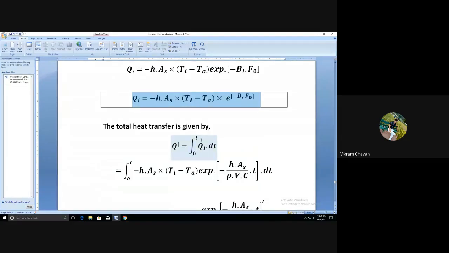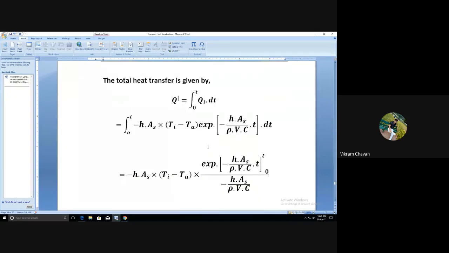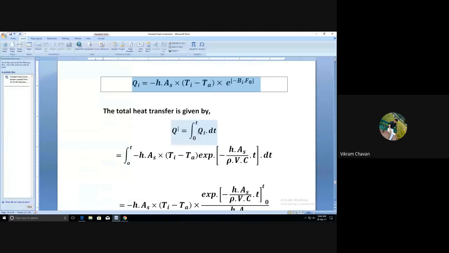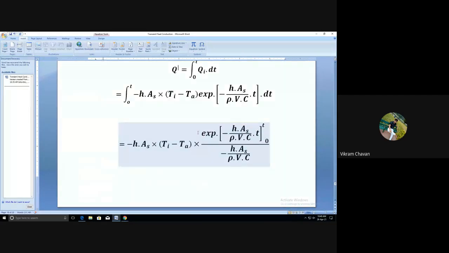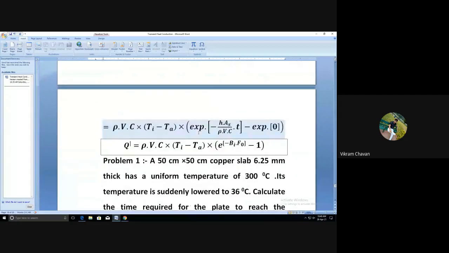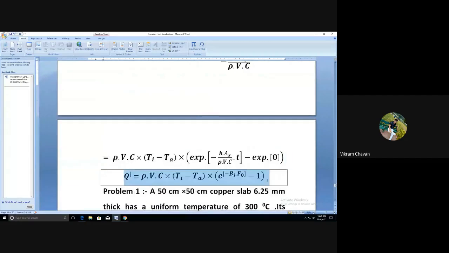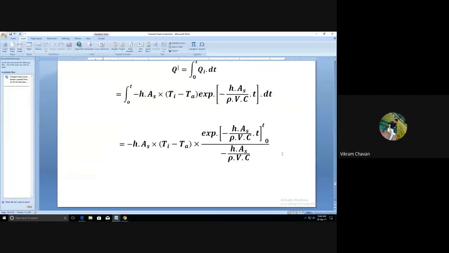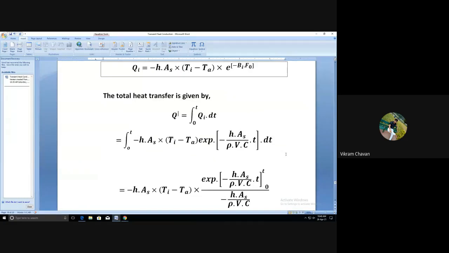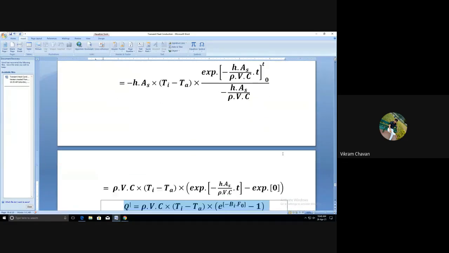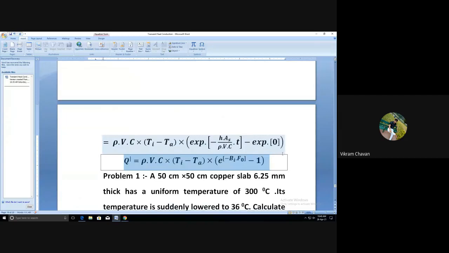That is, the integration of Q suffix i multiplied by dt with limits 0 to t, and after integration we get the total heat transfer, Q dash. We will discuss total heat transfer in the next lecture, along with the problems on lumped heat capacity analysis.